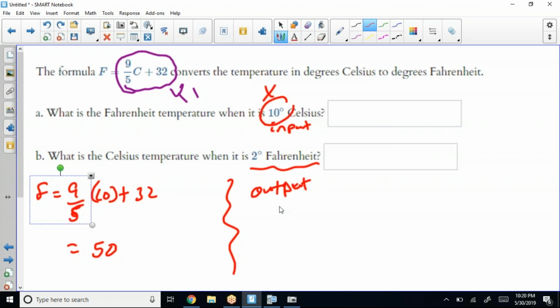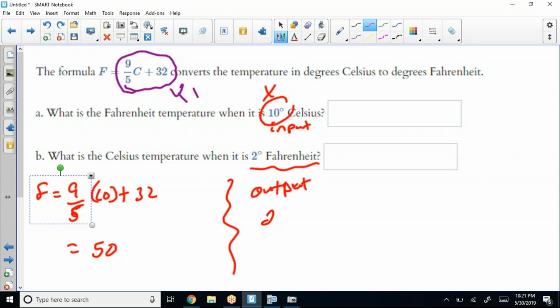And I'm not going to go over them because I'm going to be solving them by the calculator. Because all they're going to give you after they give you an equation is either an input and ask for the output, or they're going to give you an output and ask for the input, right?